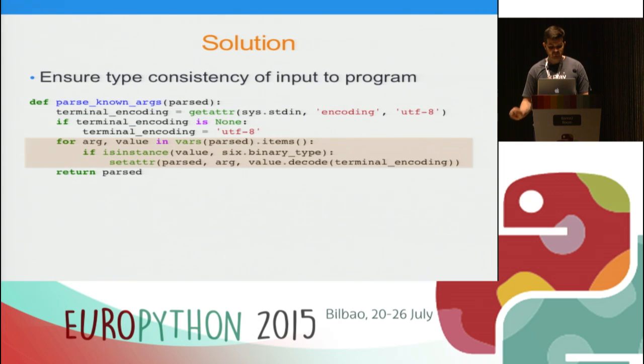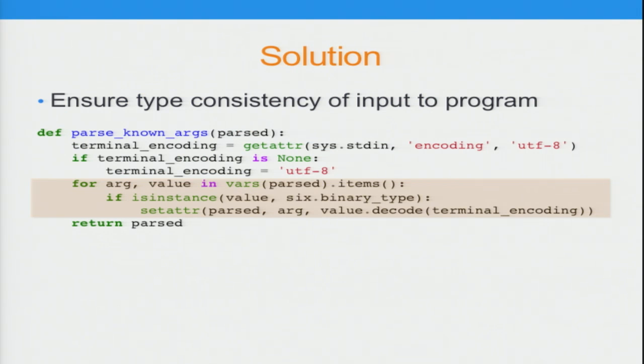Then it iterates through each value in the namespace to determine if there are any binary string types. For example, here we're using six, which has a useful helper method that determines if the string data is represented as binary, depending on what Python version you're running on. And if it is binary, we decode it to a string data type represented as Unicode, such that any string data type in the namespace is represented as Unicode.